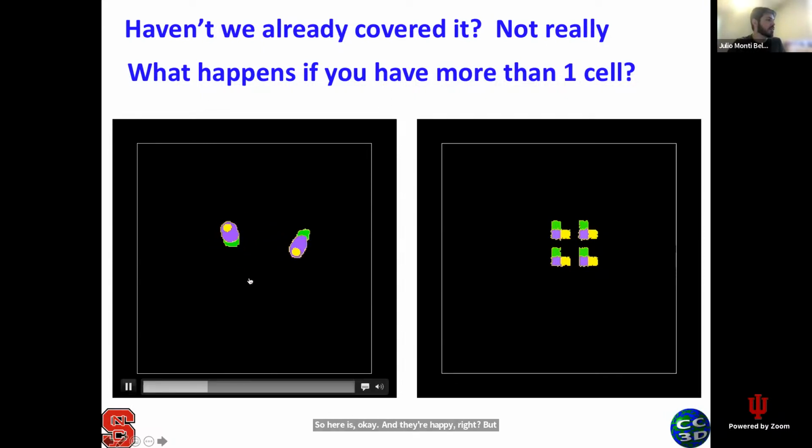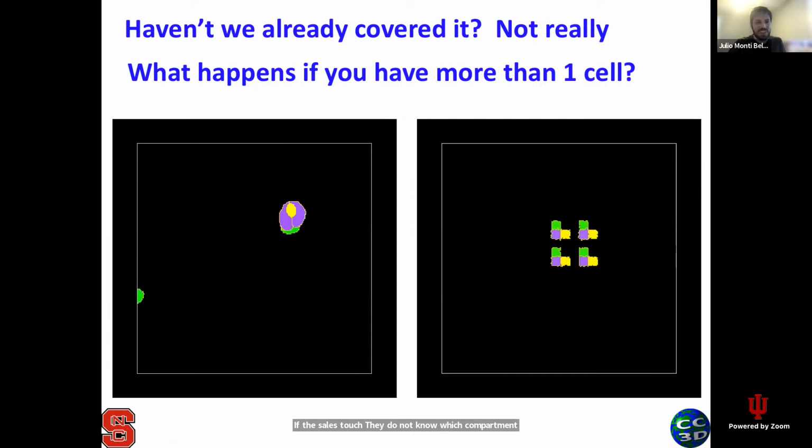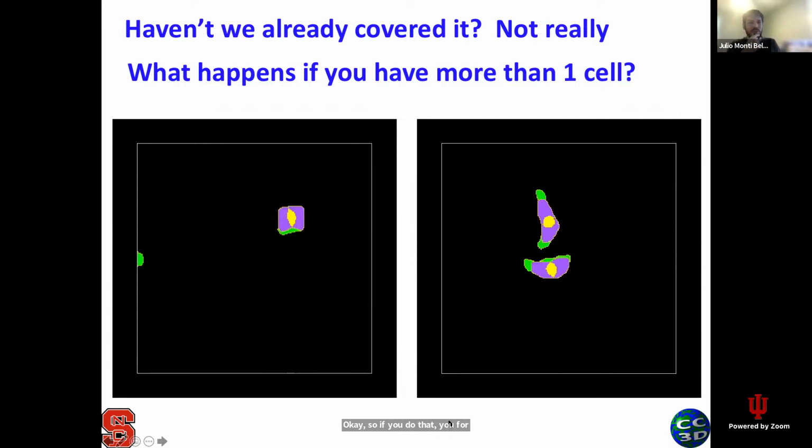But the problem here is that if you wait a little bit, if the cells touch each other, they do not know which compartment belongs to each cell, and the cells usually fuse, okay? If you do that with 4 cells, then this becomes more of a problem, because as soon as those cells see each other, they do not know whether this nucleus belongs to me or to another cytoplasm, or where. So it becomes very confusing, right?